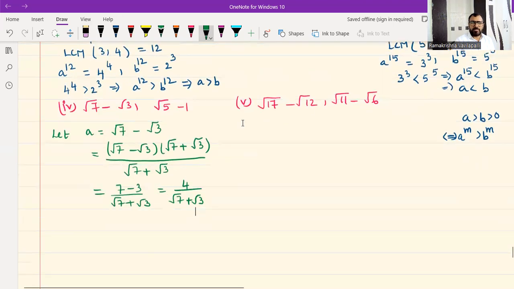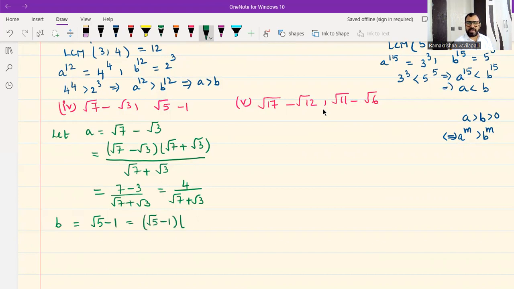So we have simplified it so that the denominator is the sum of two surds, not the difference of two surds. And the second one is B equal to root 5 minus root 2. Multiply numerator and denominator with its conjugate.